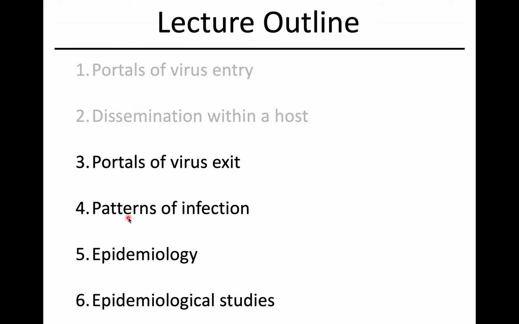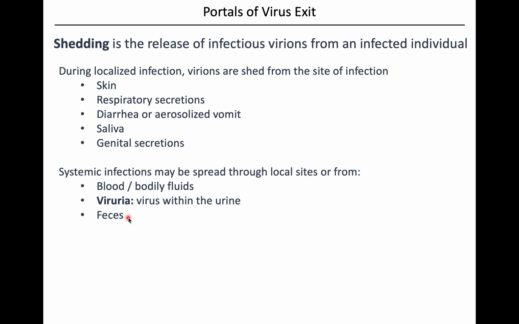All right, let's talk about virus exit. There are lots of different portals of exit. This is usually called virus shedding. An infected individual sheds virus. And this could be happening through the skin, through respiratory secretions, diarrhea, vomit, saliva, genital secretions, blood, urine. If it's in the urine, it's called a viuria, feces.